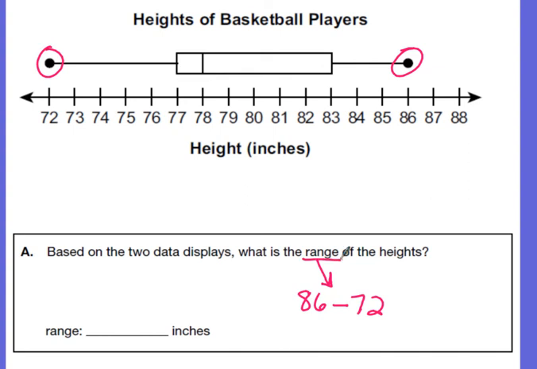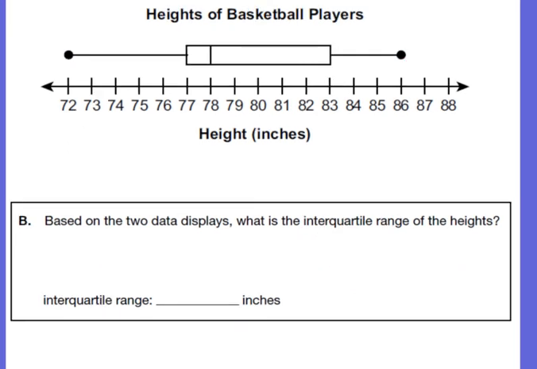To find the overall range, you have to subtract those. And so, okay, I'm putting myself on the spot here. 86 minus 72 should be 14. If you're not sure, you should always go to your calculator. And I think I'm right. 86 minus 72 is 14. And that's the range. So you can totally see the range in a box and whisker plot because all you need is the highest and the lowest so you can subtract them.